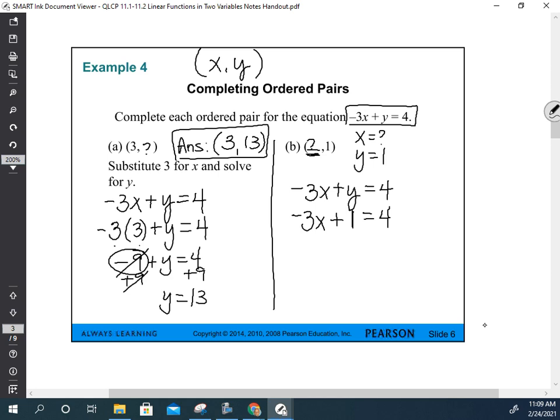So we got to get X. So what do we got to do? Use those beautiful brains. So negative 3x equals 3.